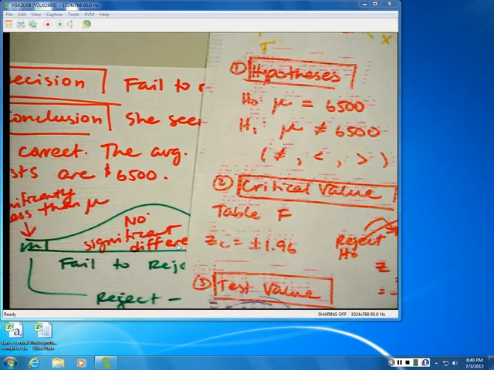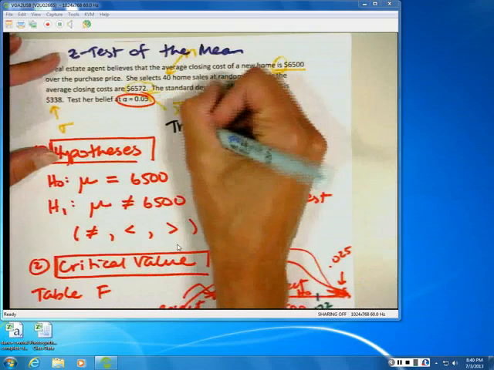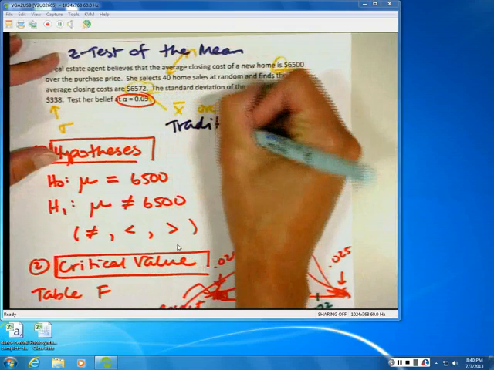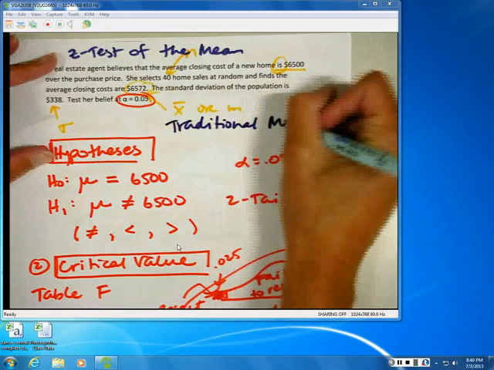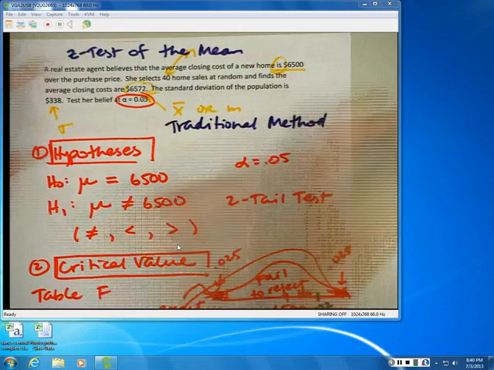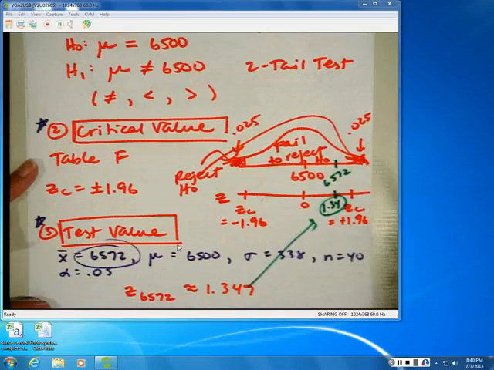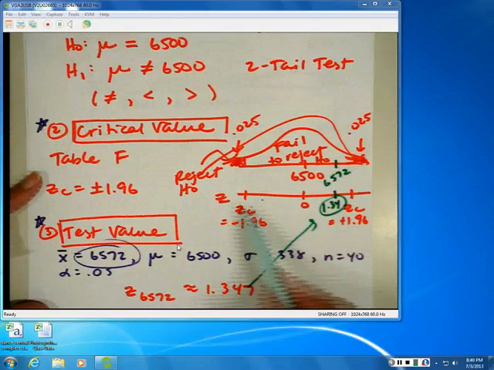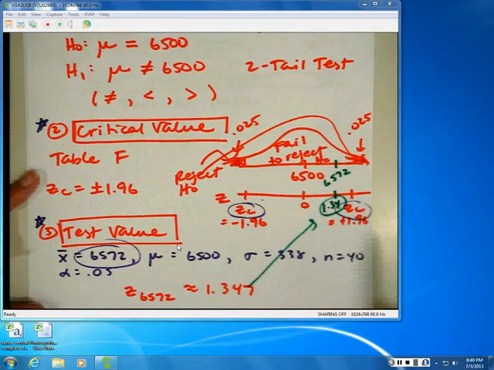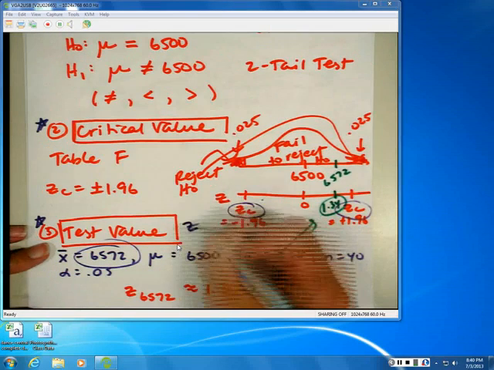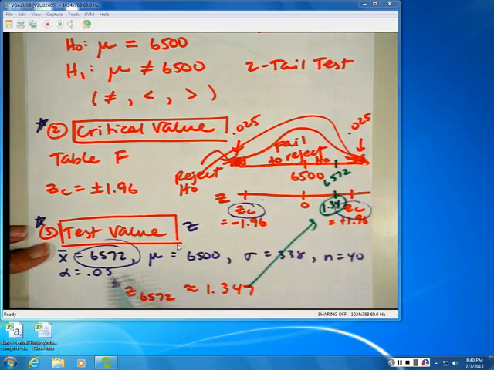Well, we did a z-test of the mean, and we did a traditional method. And the traditional method happened in steps 2 and 3. In steps 2 and 3, we found the critical value, which was a z-score that cut off the rejection regions. And then we found the test value, which was also a z-score, but that was a z-score for the sample mean.